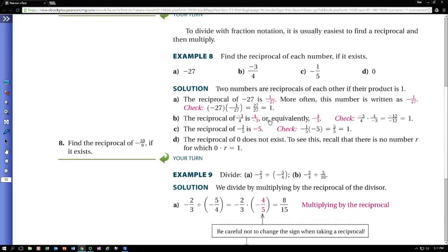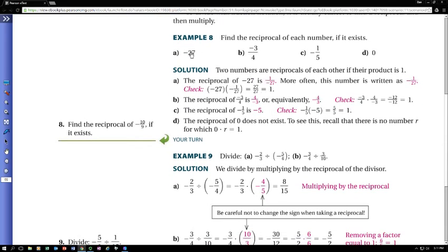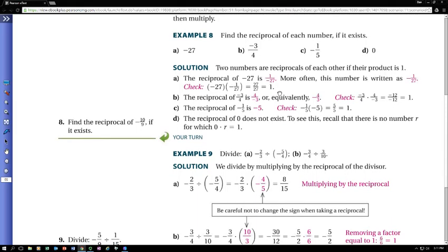Okay? And then they show this, and usually people get stumped by reciprocals, but as soon as I rewrite negative 27 as a fraction, which is the same as negative 27 over a positive 1, then everybody sees the reciprocal. Well, I could put 1 over negative 27, right? And if I multiply those two things, I get 1, the definition of reciprocal.